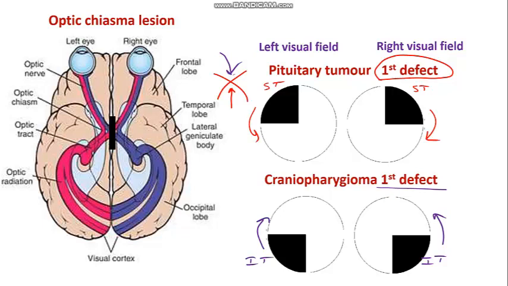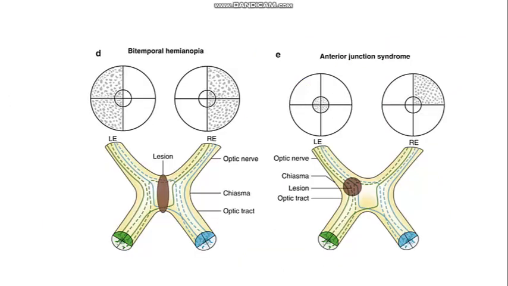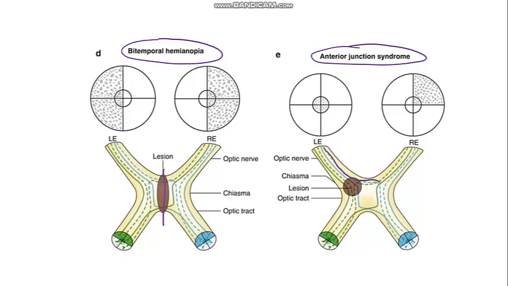But let us go one step further. What happens in optic chiasma? If there is a lesion in the middle, that is the middle chiasma syndrome, then you get bitemporal hemianopia, or both sides supratemporal in pituitary, both sides inferotemporal in craniopharyngioma. But if there is an anterior junction syndrome, what happens in my eyes, your eyes, the nasal fibers make a loop and they cross. This loop is known as genu of Willebrand.